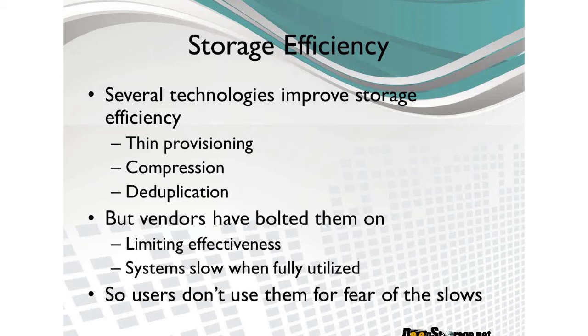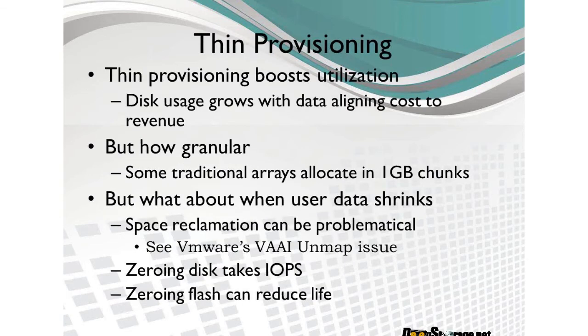I've seen market research that indicates that somewhat less than half of the users that have these capabilities available to them on enterprise arrays actually turn them on, for fear of the performance impact or other negative ramifications of implementing that.